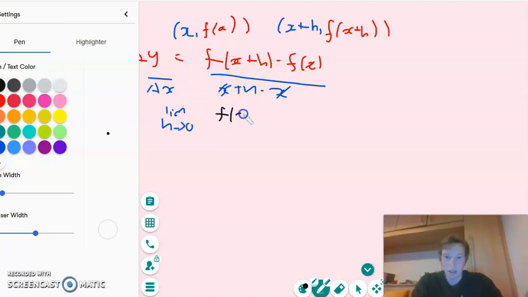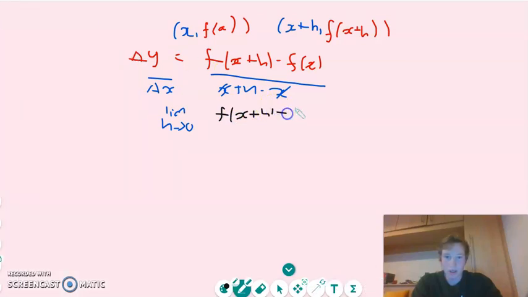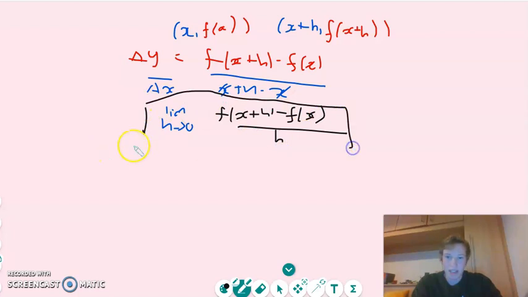So lim h tends to 0 of f of x plus h minus f of x over h. Now this formula that we've just made up is in the AQA and the Edexcel formula book. So when you're starting a question, you only have to start from this point, but I've just shown you where this formula comes from. But we're going to apply that now.